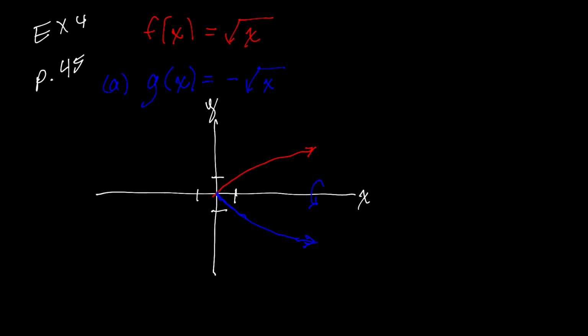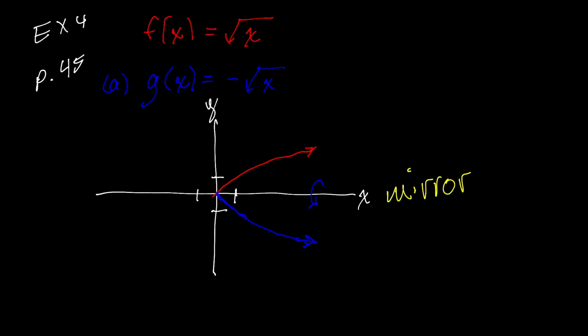It has the exact same shape. It's just been reflected across the x-axis. Like this x-axis is kind of like a mirror, right? I'll write that in there. This is a mirror. There we go. So again, a reflection.